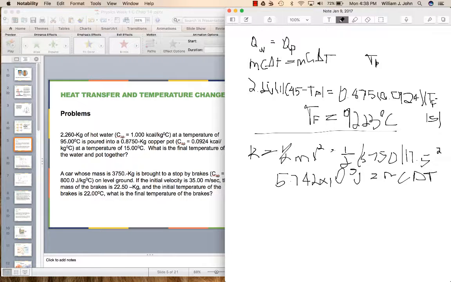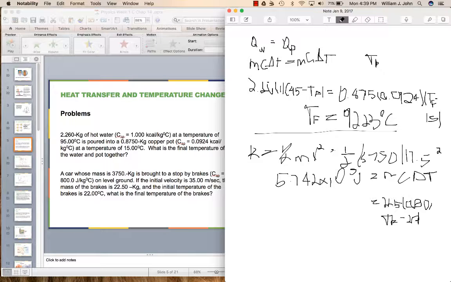So that's going to equal, the mass here is 22.5, and the specific heat is 800, times TF minus its initial temperature of 22 degrees.